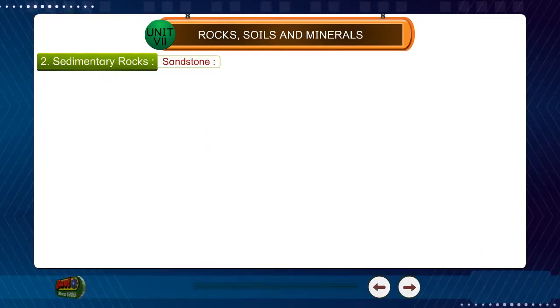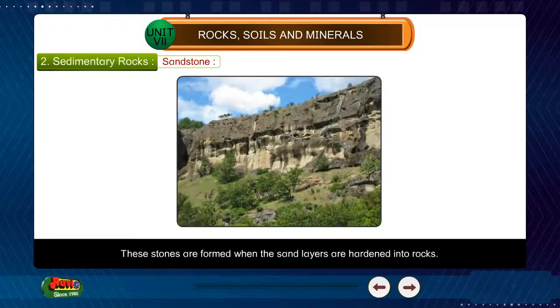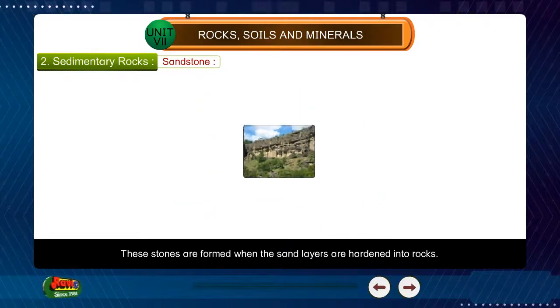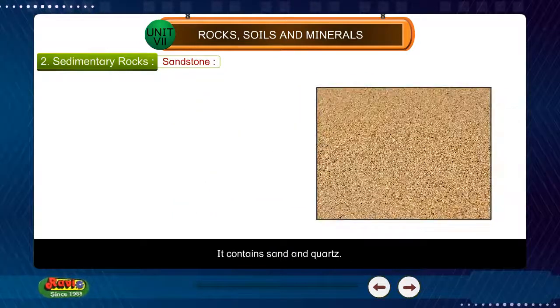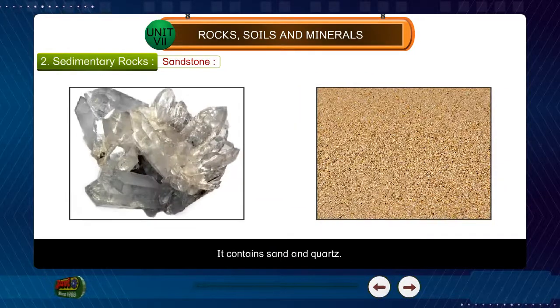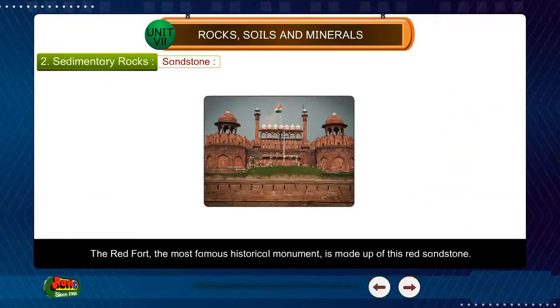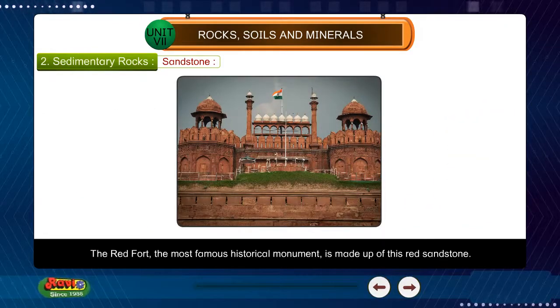Sandstone. These stones are formed when the sand layers are hardened into rocks. It contains sand and quartz. The Red Fort, the most famous historical monument, is made up of this red sandstone.